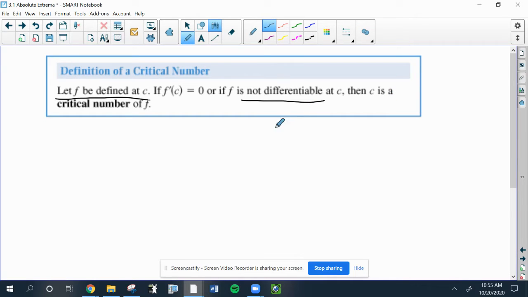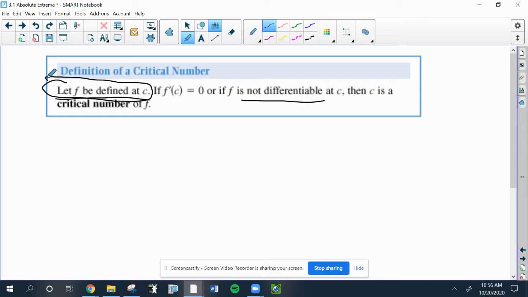So basically, to find a critical number, take the derivative and find out where it equals 0 or it's undefined. But be careful. The derivative sometimes is undefined, but the function's not defined.